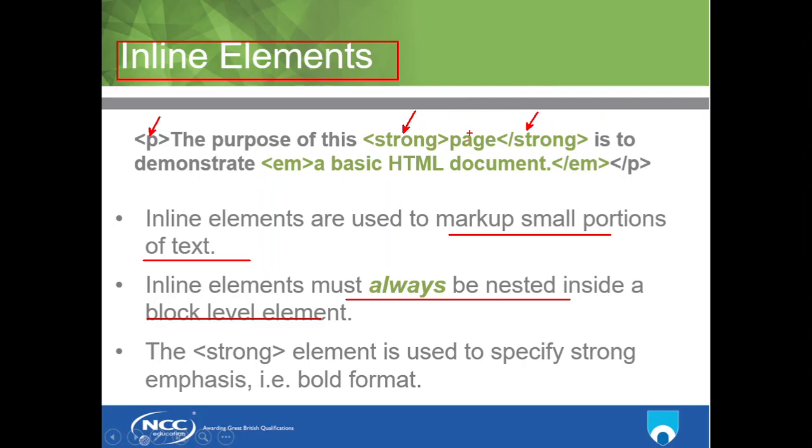So the content here, page, is going to be bold. We've also nested EM, that will italicize this content, a basic HTML document. So this will be italicized. So remember that you cannot just use inline elements anywhere. You should nest them inside block elements.